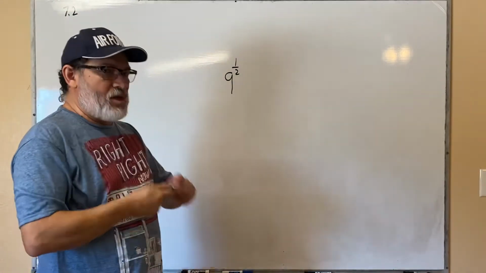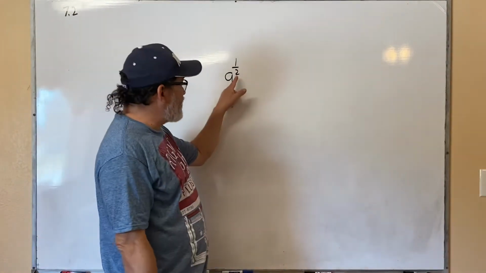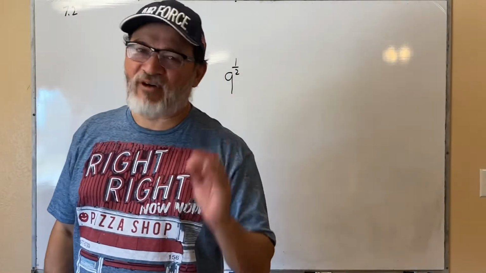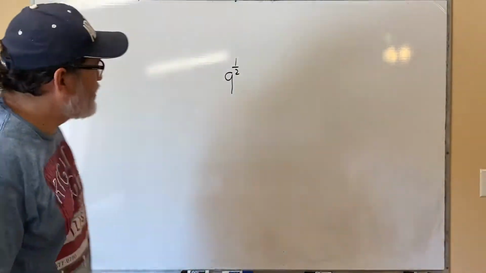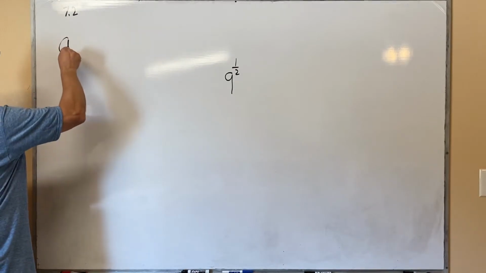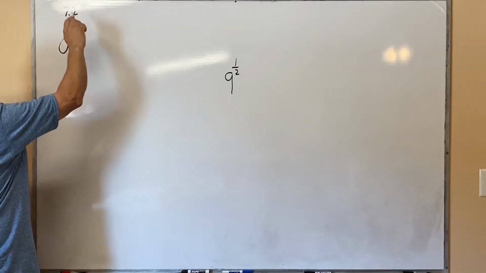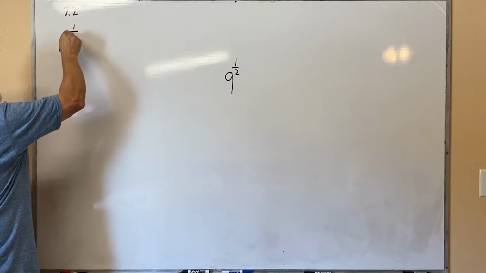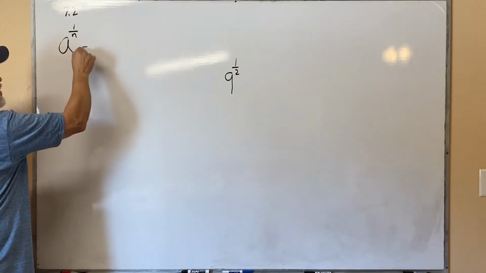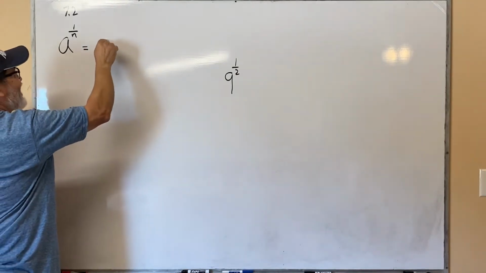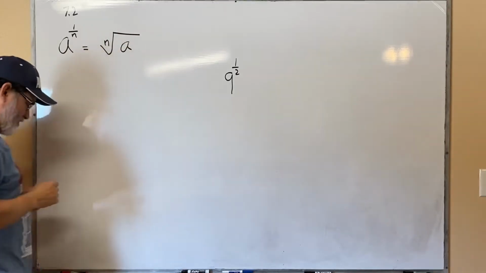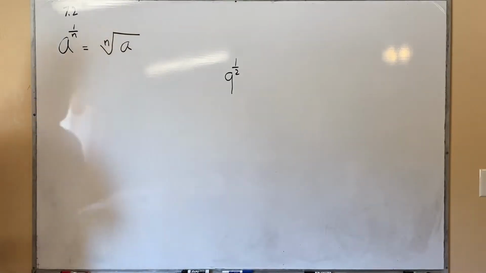If I'm going to work with this rational exponent, we need the following property: a to the 1 over n, note that's a fraction in the exponent, equals the nth root of a.